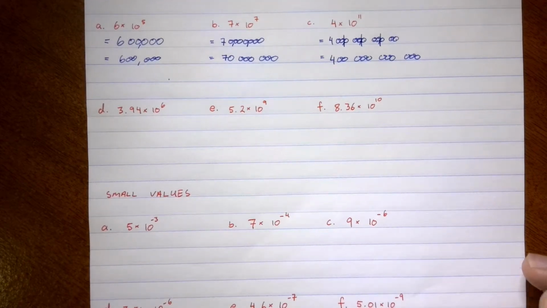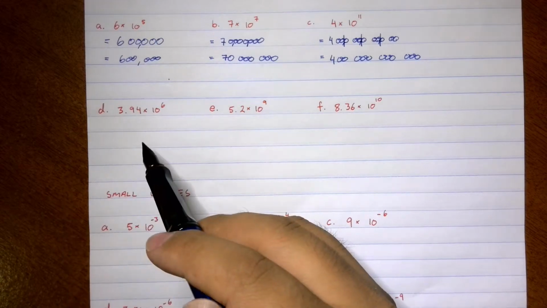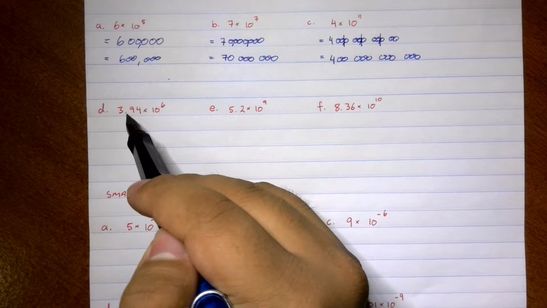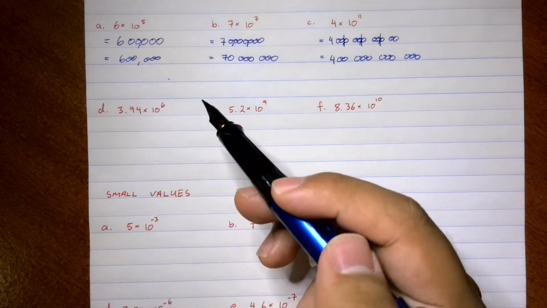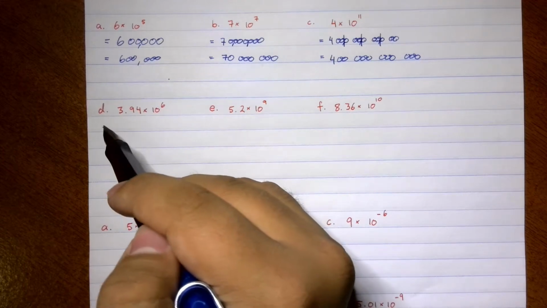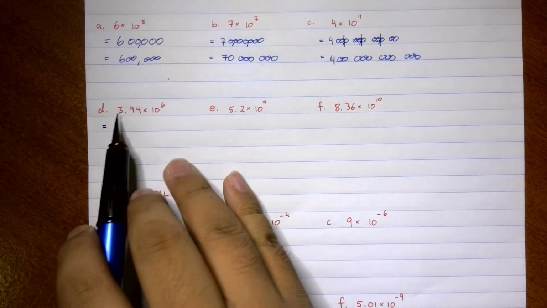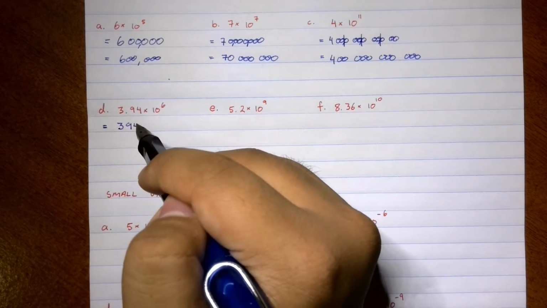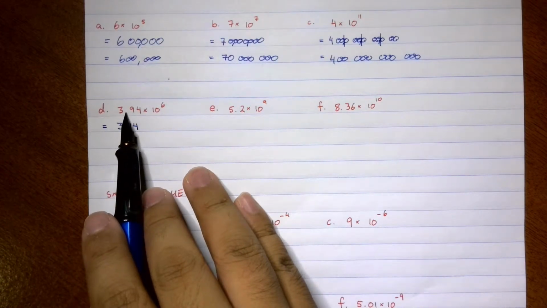It gets a little bit trickier now when you have decimal places in between. How I like to work with these ones is actually first I move the decimal place and subtract how many spaces I moved. By that I mean I'm going to make this number 3.94 into 394, which means I must have moved this decimal place 2 spaces.